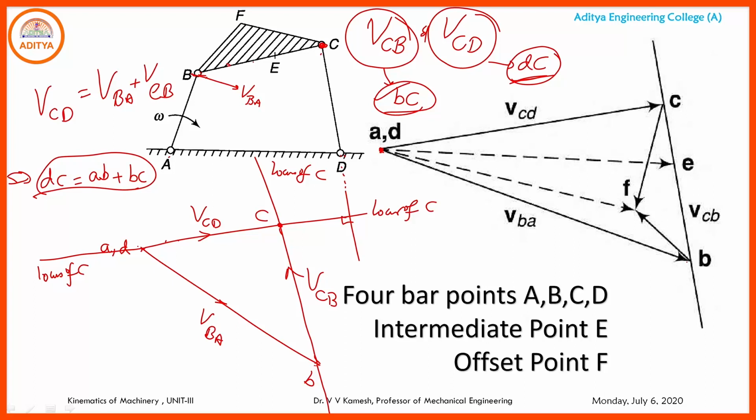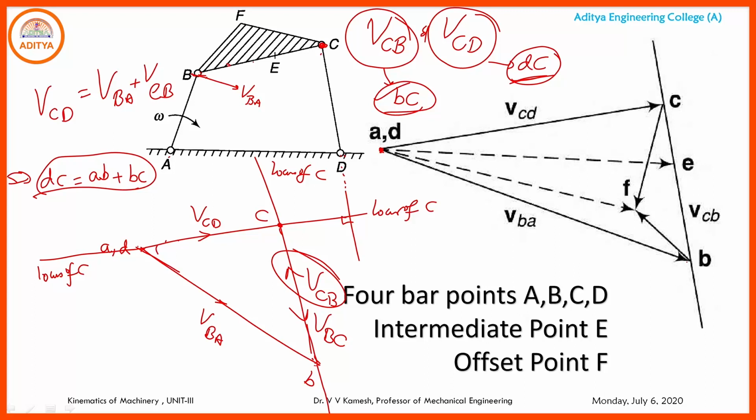Otherwise, if somebody is reversing the item, like this is equal to VBC. Suppose instead of writing VCB like this, if we write VBC, what will happen? This is the single vector and these are the two continuous vectors.